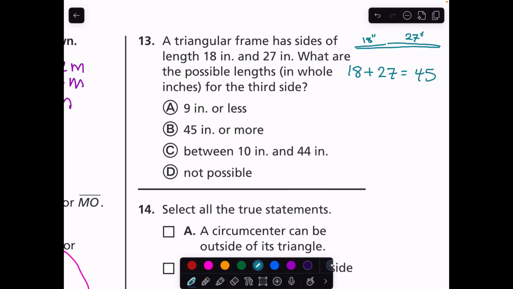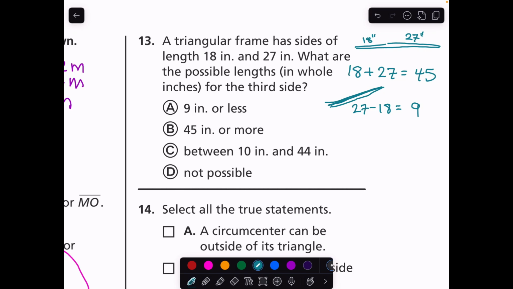Or if they were really close, like here's the 18 right here, and then maybe the 27 is really close to it. That's supposed to be straight. Then we'd have 27 minus 18, and we would get 9, right? I can count, I promise.